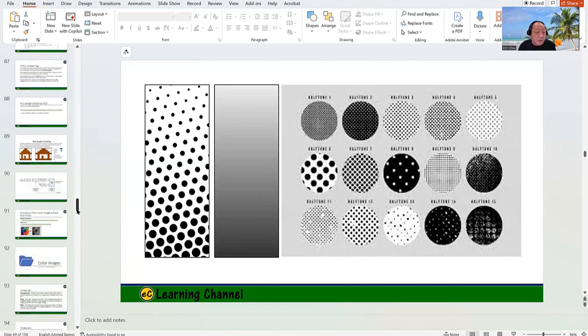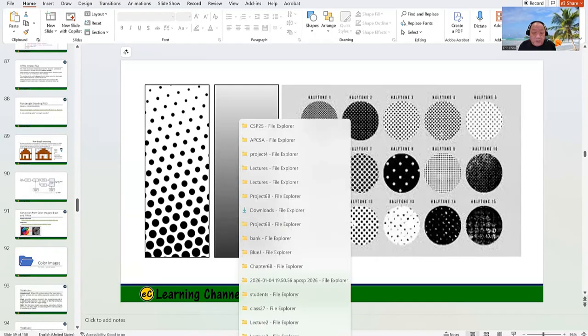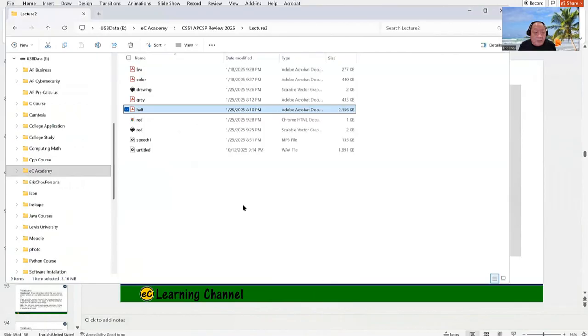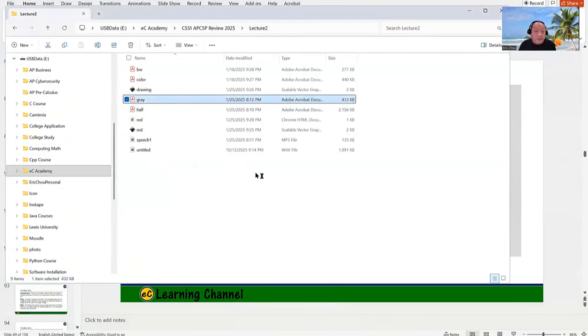Next one is gray level. Gray level means it's only gray, white and black, but it's 0 to 255. So it uses a 1 byte format to represent your data, 0 to 255.